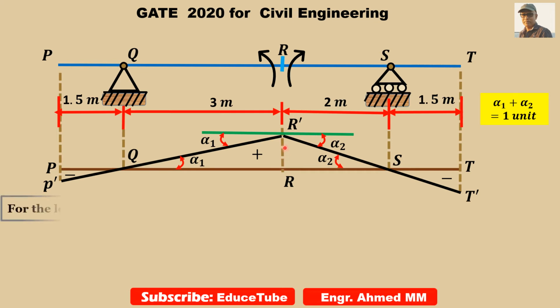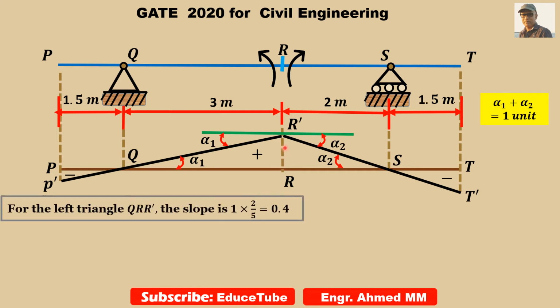So what will we write now? For the left triangle, say QR prime, this slope, what will be the value? 1 multiplied by 2 by 5 equal to 0.4.